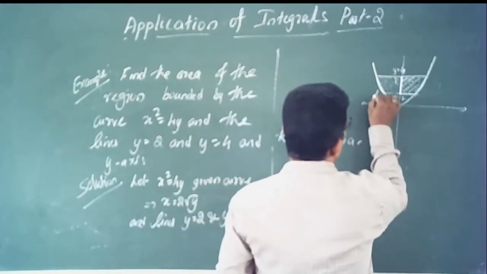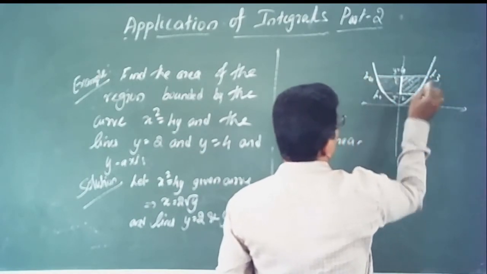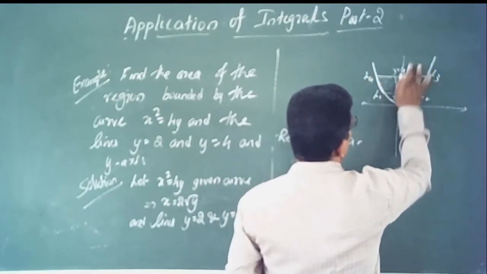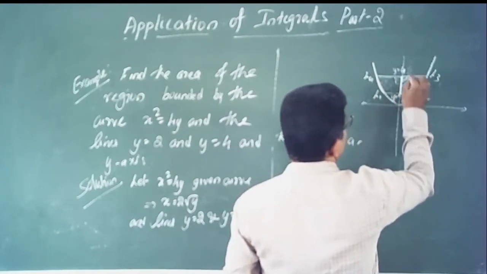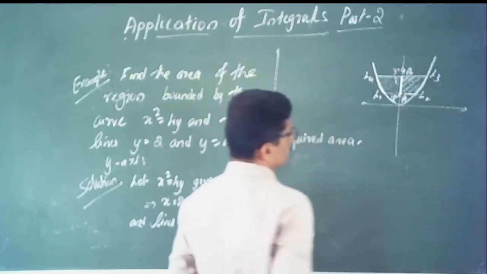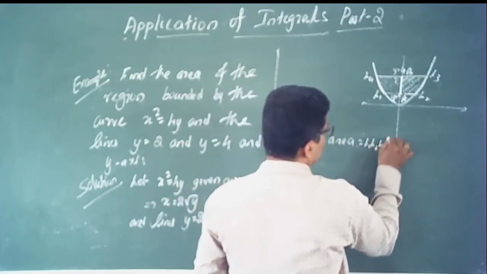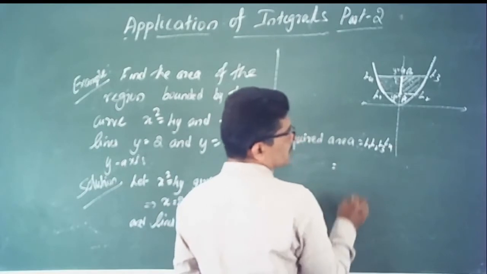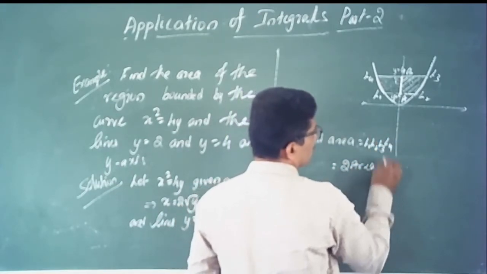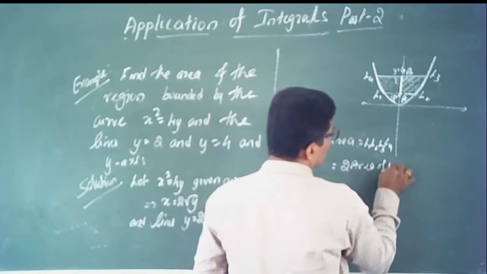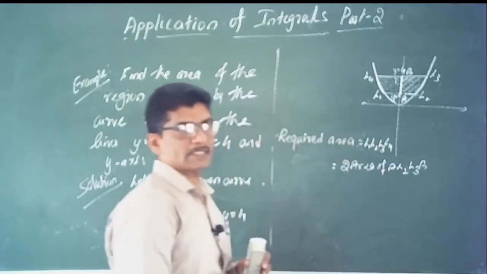Suppose the required area is L1, L2, L3, L4, and these are the points A and B, for your convenience. It means the required area L1, L2, L3, L4 is exactly equal to 2 times the area bounded by the curve, the area A, L2, L3, B, which lies in the first quadrant.